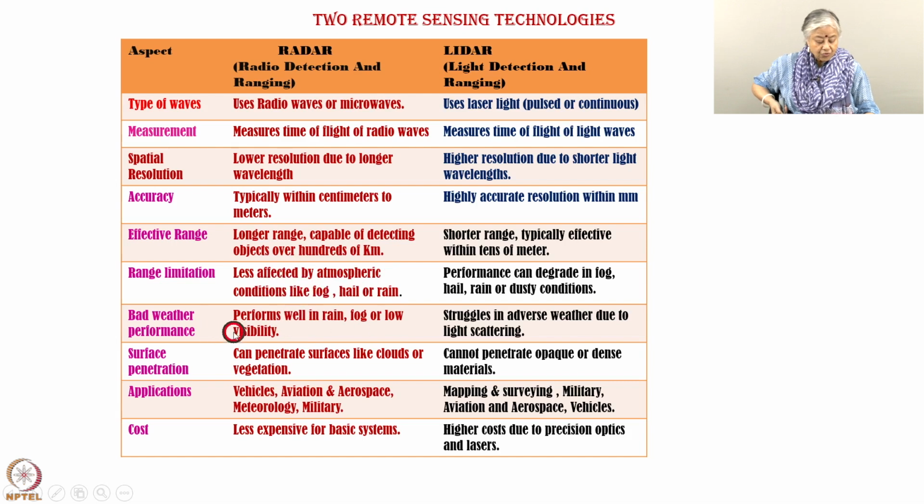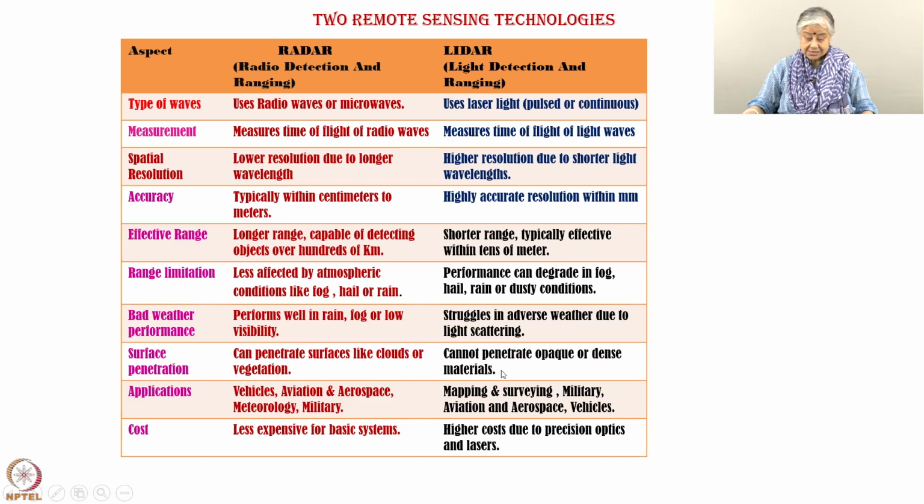Radar performs well in rain, fog or low visibility, that is the same. Bad weather performance is the same as the previous one. LiDAR struggles in adverse weather conditions due to light scattering. So, these two are related to each other. And then surface penetration: radar can penetrate surfaces like clouds or vegetation, while LiDAR cannot penetrate opaque or dense materials.